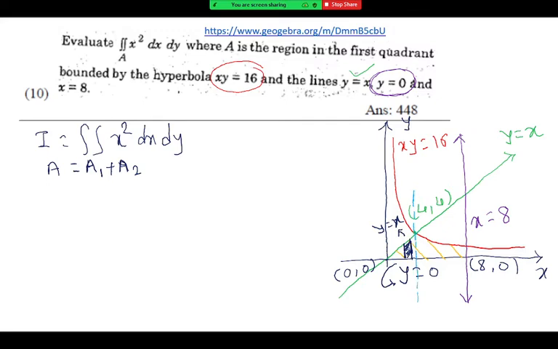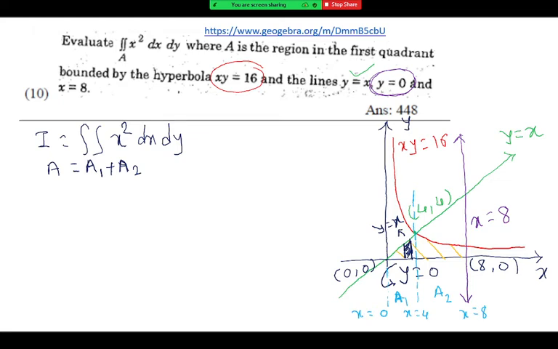You'll observe up to this side the region is A1, and after that the region is A2. From this point to this point is A1, and from this point to that point is A2. Indirectly, this is x equal to 0, this is the x equal to 4 line, and this is the x equal to 8 line.